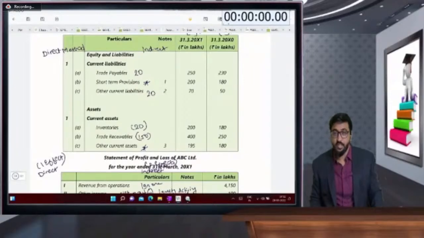And one more suggestion that I want: are this time's lectures sufficient, or do you think I should take one more day for each chapter, or is it okay? Because at the same time you have to finish within 40 to 45 days also. That timing is also important. Two suggestions I want from your side.